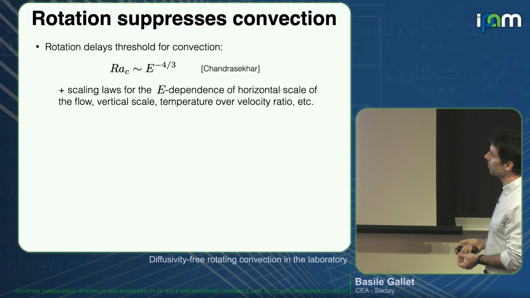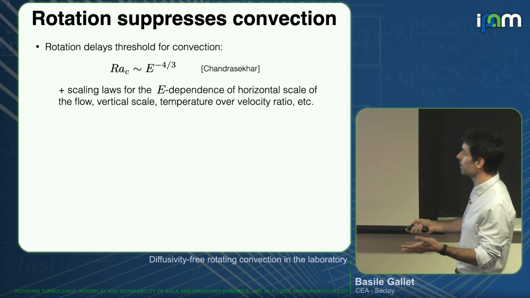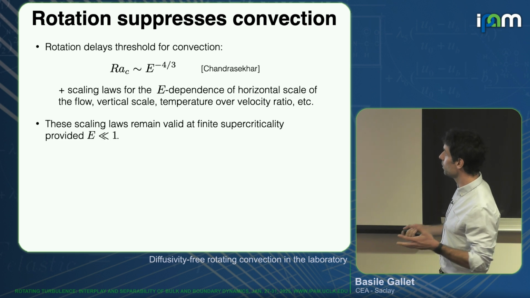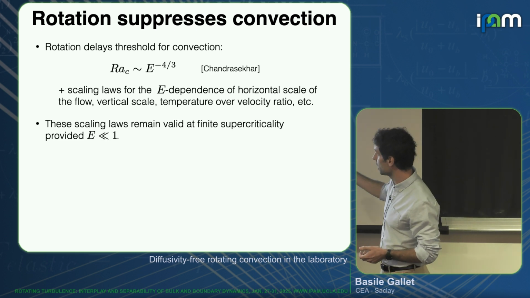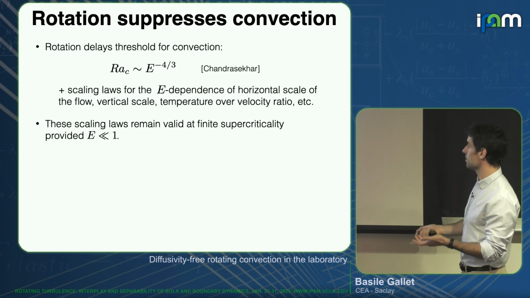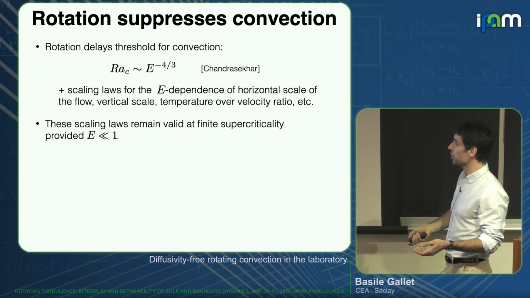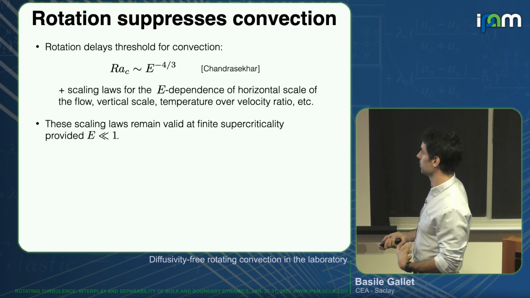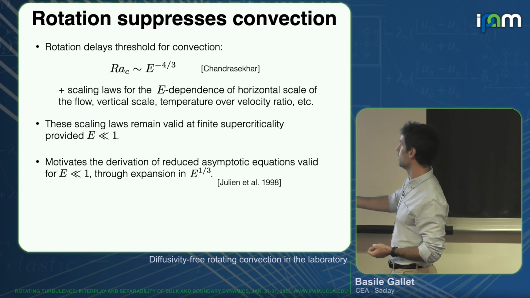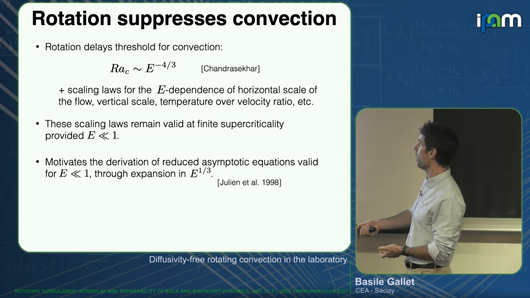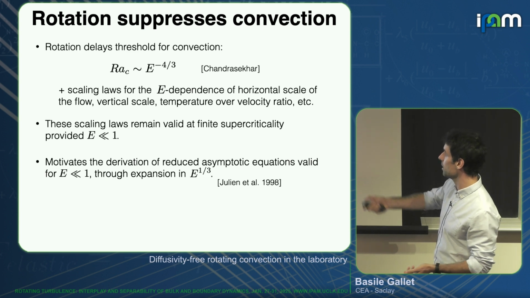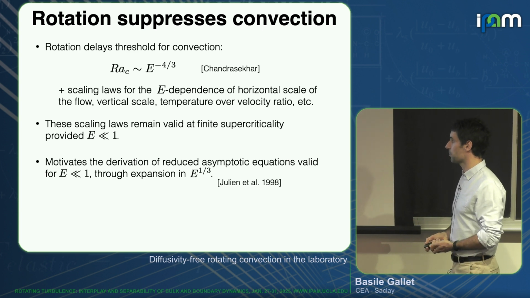I'm going to come back to that, but part of the idea is that these scaling dependences in Ekman remain valid at finite supercriticality as Ekman is sent to 0. This is the reasoning behind the expansion by Keith Julien and Edgar Knobloch. They performed an expansion in powers of Ekman to the 1/3, assuming that the supercriticality, Rayleigh over Rayleigh critical, is kept constant.